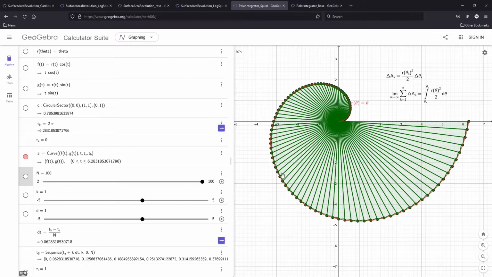So this is why the limit of the sum of the areas of each one of these circular sectors, as n goes to infinity, is converging to the true area trapped in this region. I think this is a very neat example. So let's go through and compute the area that's bounded by this polar curve.